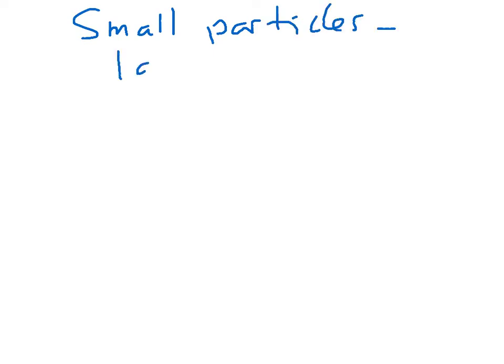Okay, if you recall, the third item that you needed to know about was basically key stage 3 information. It was talking about small particles, large gaps, which is a rather sloppy way of describing gases.